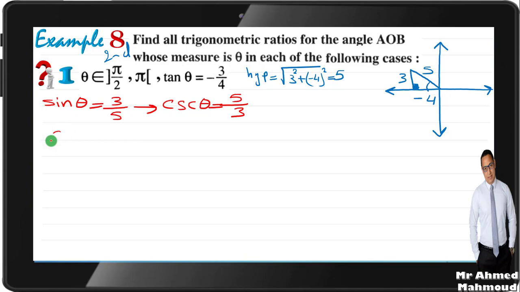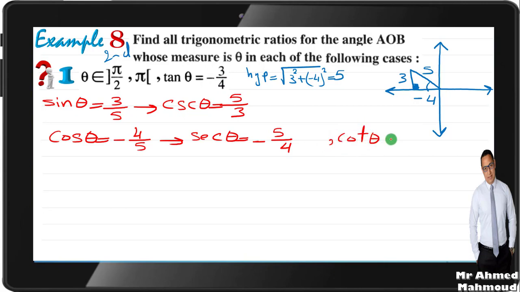Cosine theta is adjacent over hypotenuse, negative 4 over 5, and sec theta equals negative 5 over 4. Finally, tan theta equals negative 3 over 4, and cotan theta equals negative 4 over 3.